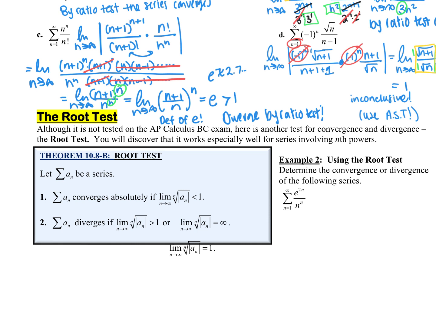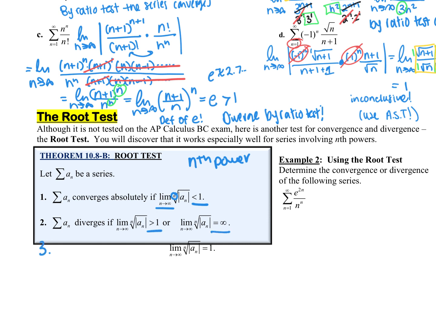So the way that the root test works is it works really well for things that are raised to the nth power. And so what it says is you do now the limit as n approaches infinity of the nth root of the absolute value of whatever a sub n is. And if that limit is less than 1, it converges. If it's greater than 1 or infinity, it diverges.